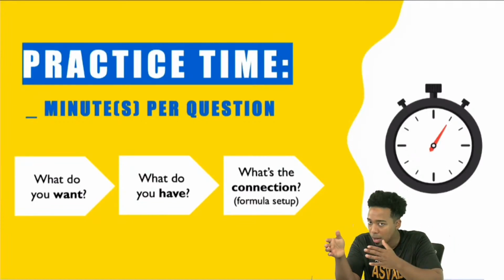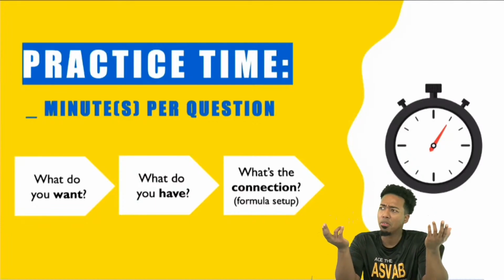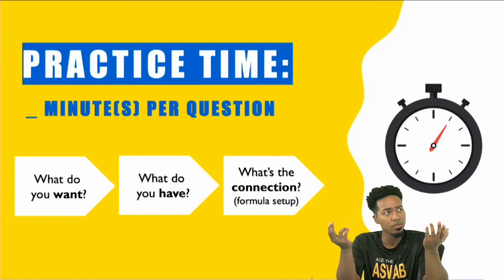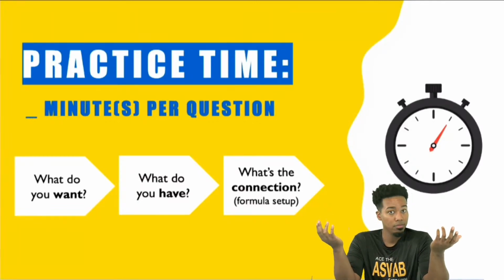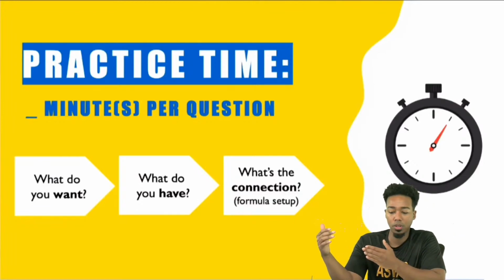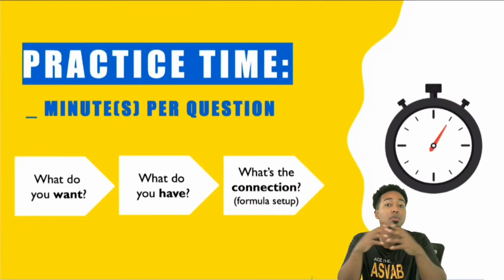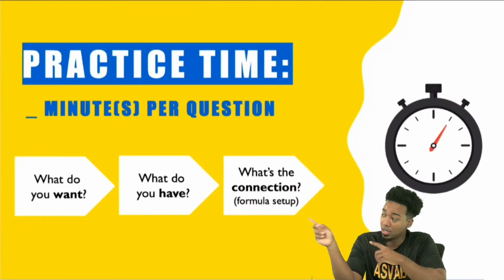If you try to speed up before you're comfortable, just think about driving a car. Before I'm comfortable driving, is it safe to slam the gas? Probably not, right? We want to make sure we know what we're doing before we try to do it fast, so that we can be safe about it and comfortable and confident at the end of the day. Same thing here.